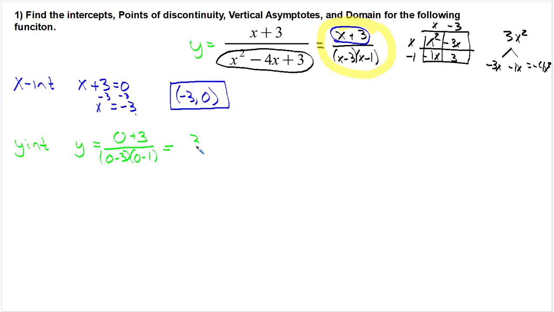So that simplifies to 3 divided by negative 3 times a negative 1, which is 3 over 3, which is 1. And so my y-intercept is at x was 0, y ended up being 1. So there's my x and y intercepts.